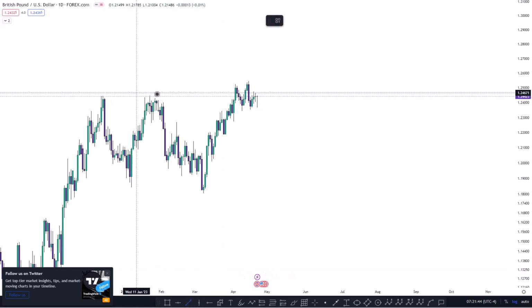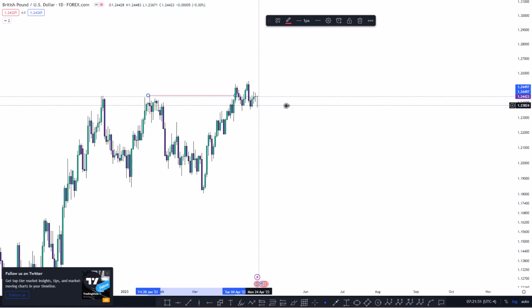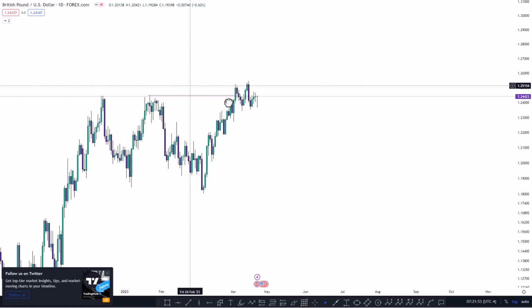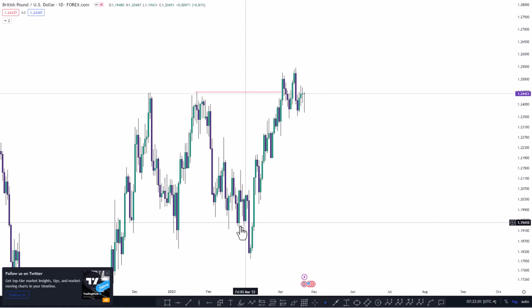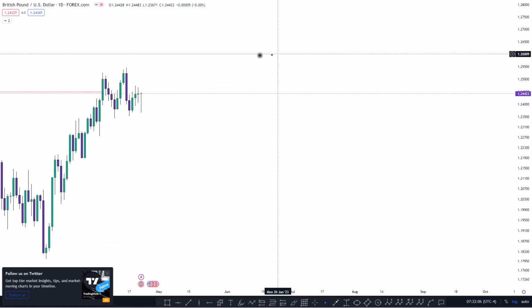The high was taken here, because this is the high and this is the low. We have inducement below right here. Liquidity taken, and then another break of structure.